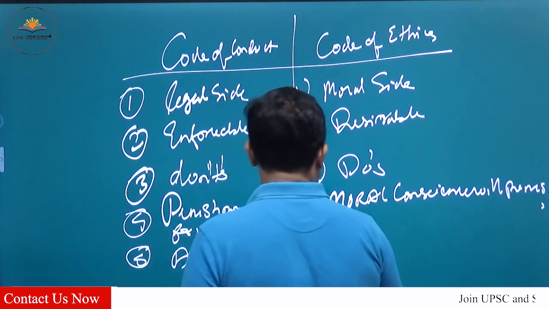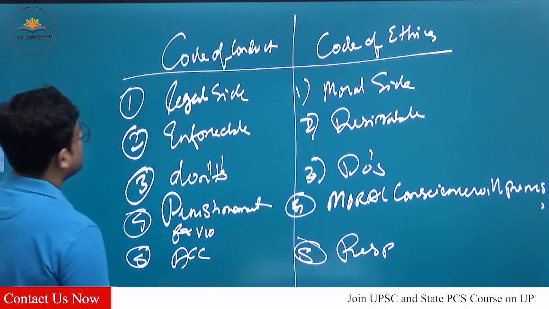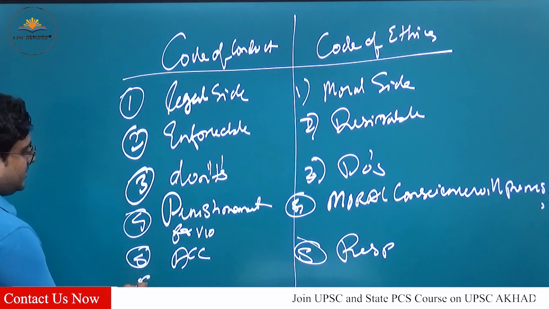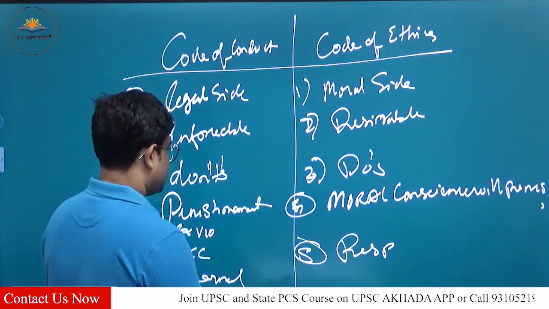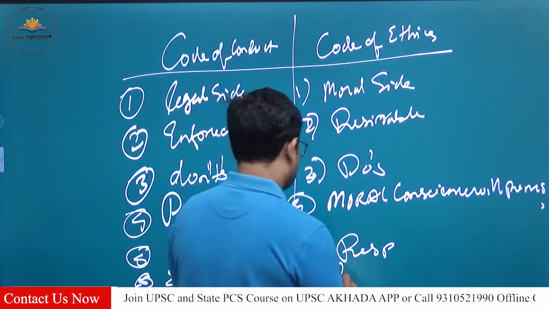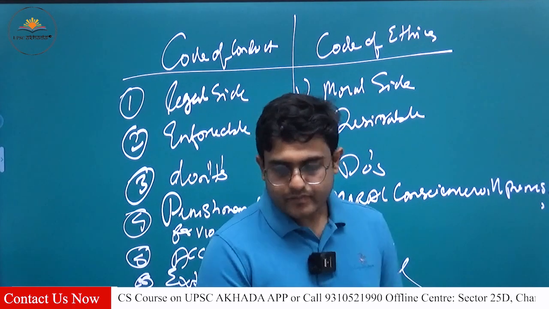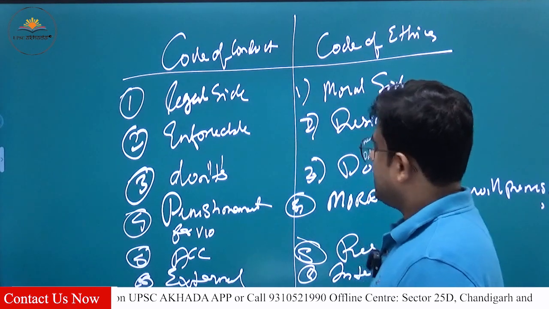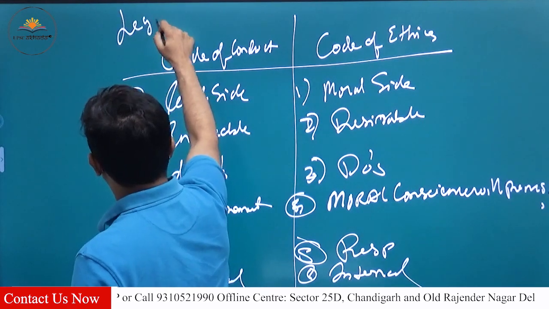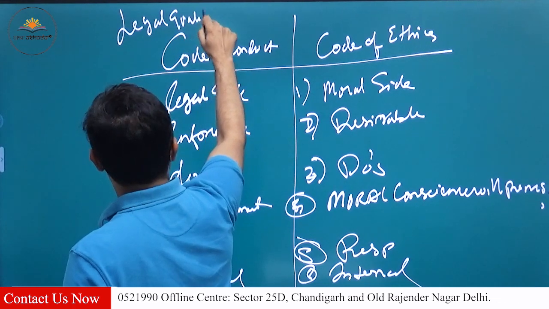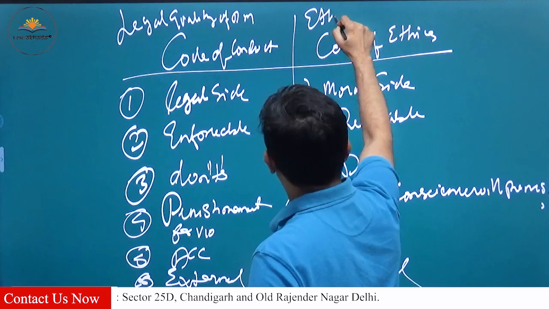This is responsible. This is more or less external. This is internal. This deals with the legal quality of decision making. This deals with ethical quality.